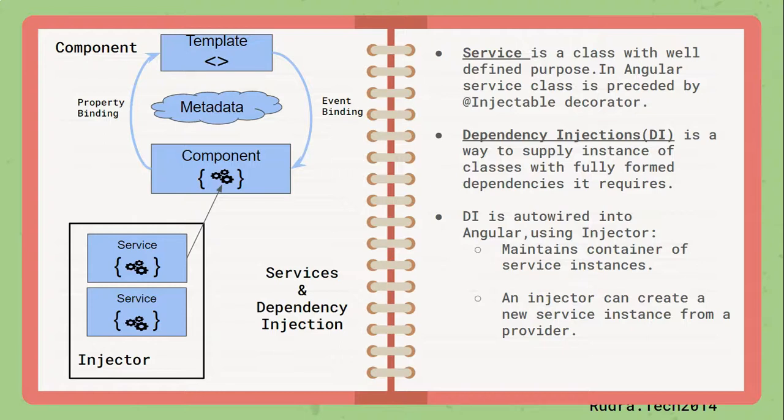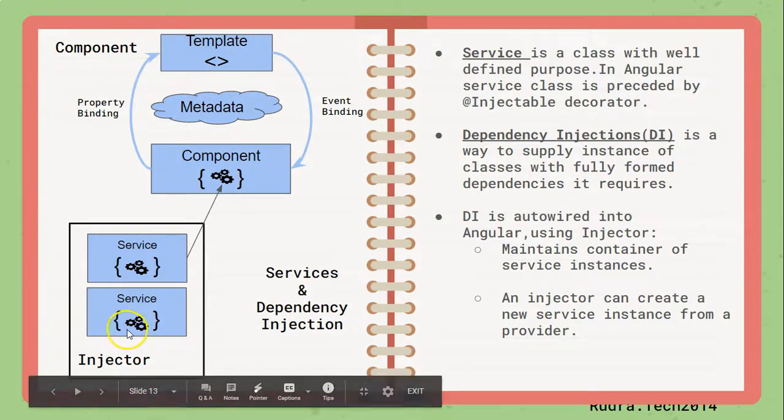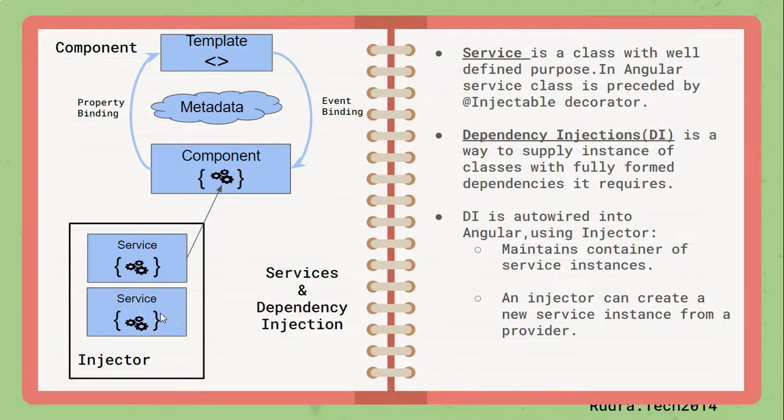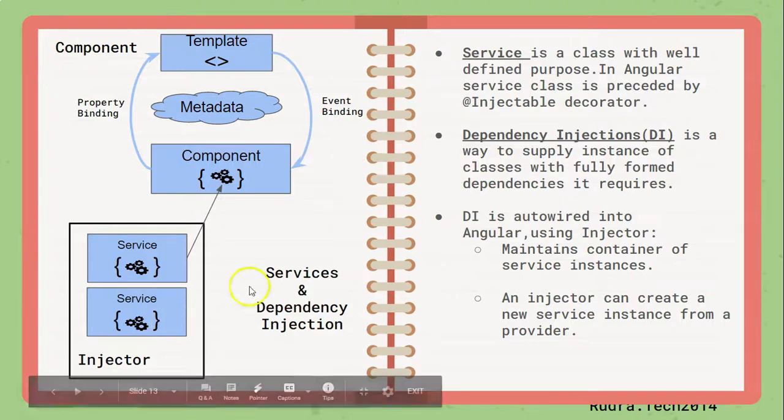The dependency injection will do it for you and provide you a ready to use instance of a class. The dependency injection is auto-wired into Angular using injector, and this injector maintains the service instances and also creates the service instances from providers. We'll also be seeing in detail about this service in future videos.